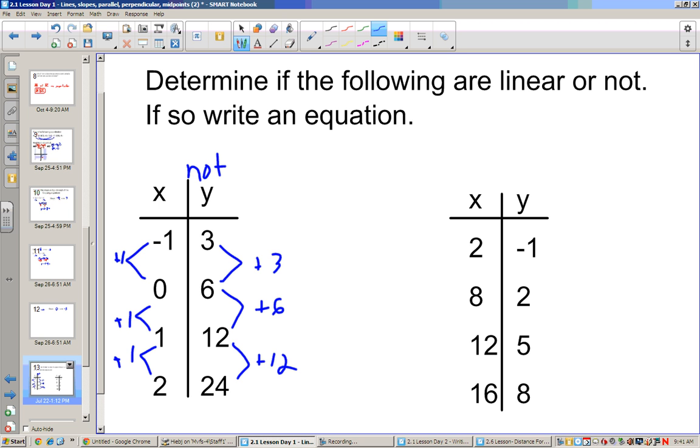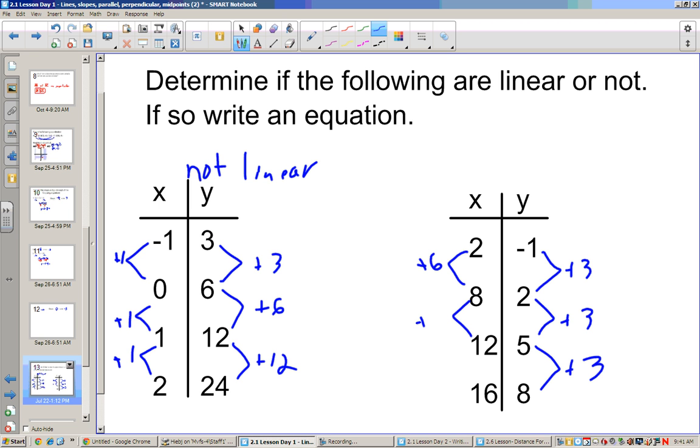So this is not linear. Over here, this goes up by 3, this goes up by 3, and this goes up by 3. However, over here, this goes up by 6, by 4, and by 4. So this has a slope of 3 over 6, which is 1/2. This one has 3 over 4. So again, this is not linear.